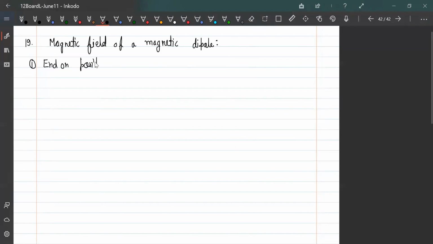After this, we have magnetic field of a magnetic dipole. पहला होता है end on position, और दूसरा होता है broad side on position, इसको इक्वेटोरियल और एक्सियल पोजीशन भी बोलते हैं.